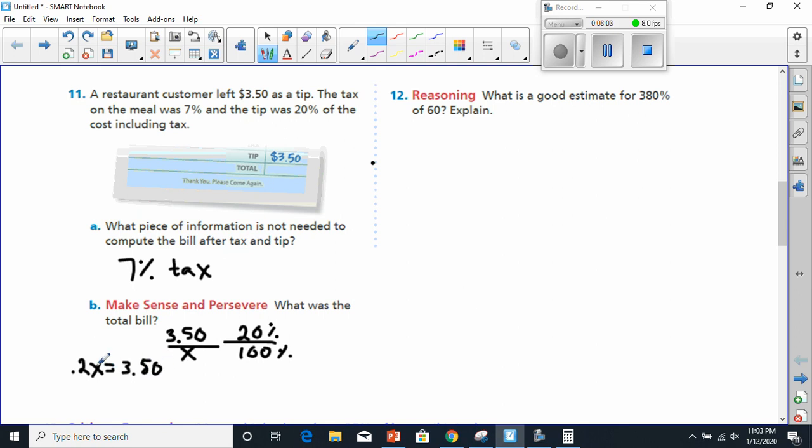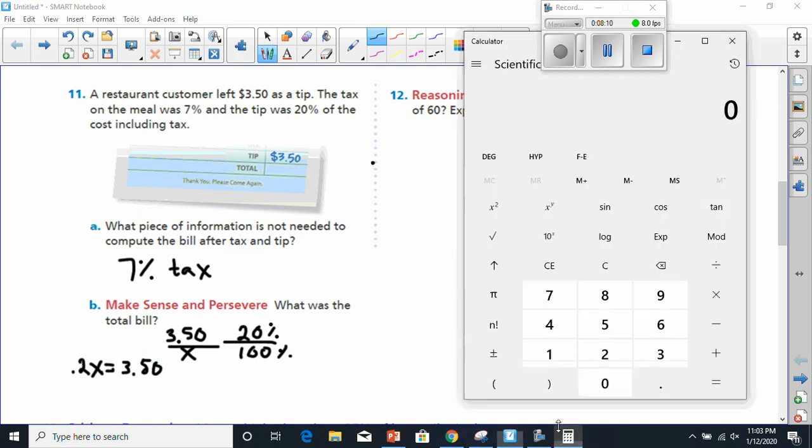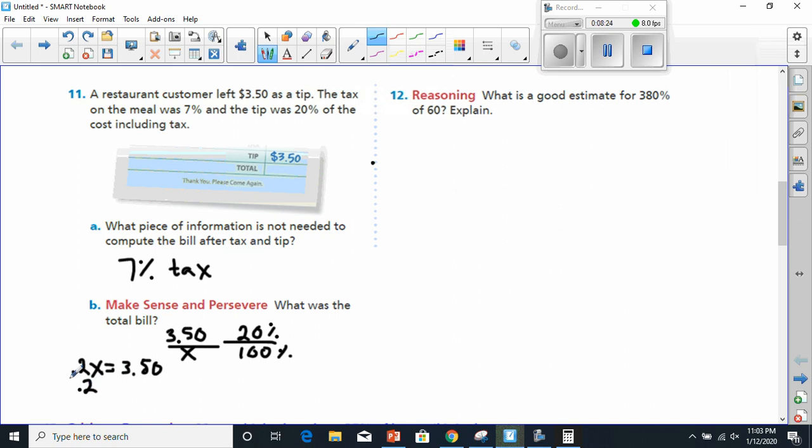So now we have to divide 3.50 by 0.2. 3.50 divided by 0.2 gives me 17.50. So I divide 0.2 away to get x by itself, and x equals 17.50.